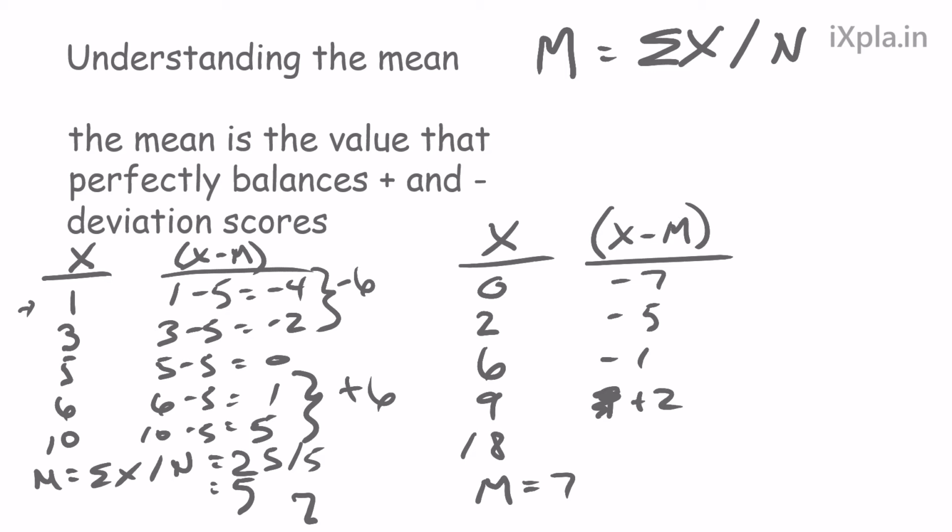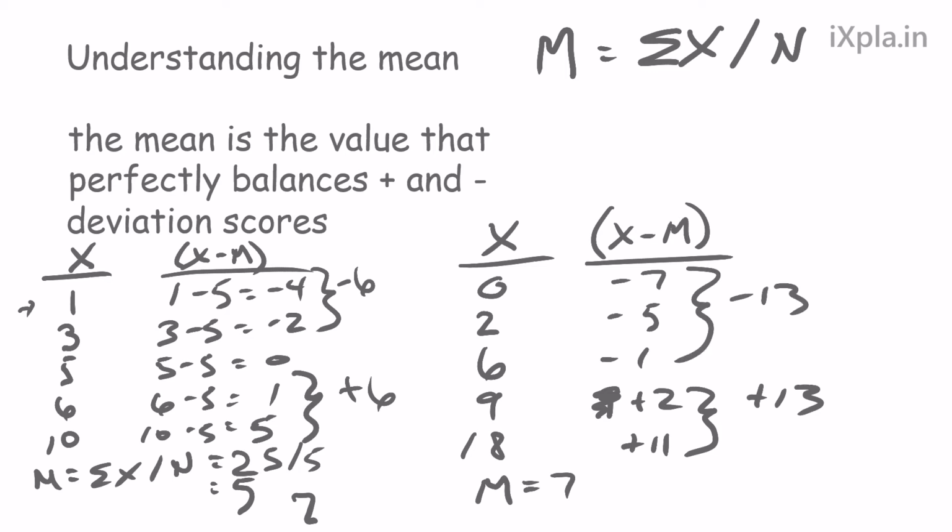And 18 is +11 away from 7. Now let's do the same thing we did before. Let's total up the positive deviation scores, and we have +13. Let's total up the negatives, and we have -13.